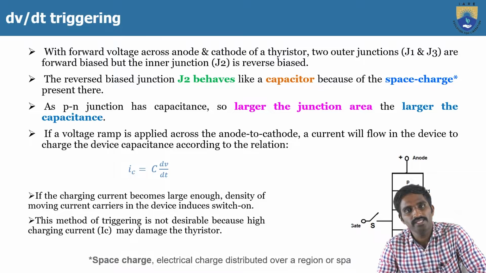If you apply a voltage ramp across the anode to cathode, then current will flow in the device to charge the device capacitance according to the relation IC is equal to C into dV by dt.